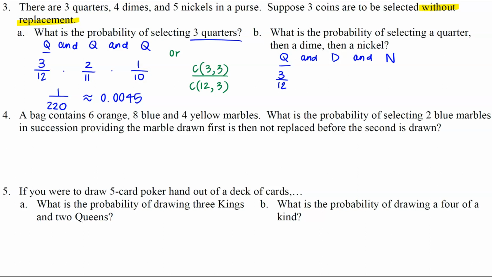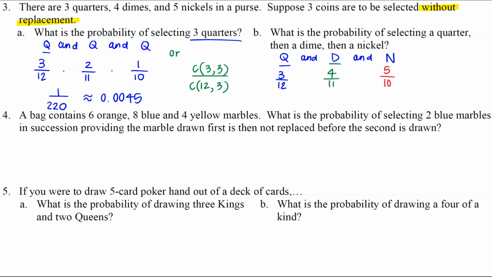Selecting a dime: now, I'm assuming that I took out 1 coin from my purse, which is a quarter, and of the 11 remaining coins, 4 of them are dimes. Lastly, for my nickel, assuming that I took out 2 coins already, I now have 10 left in my purse, and of the 10, all 5 of them are still nickels.